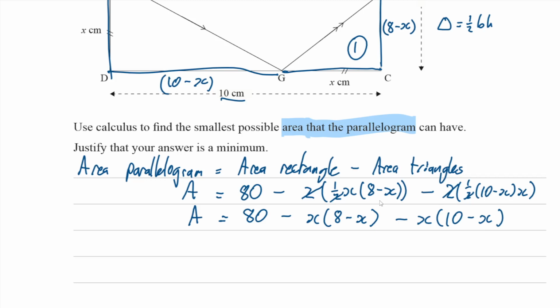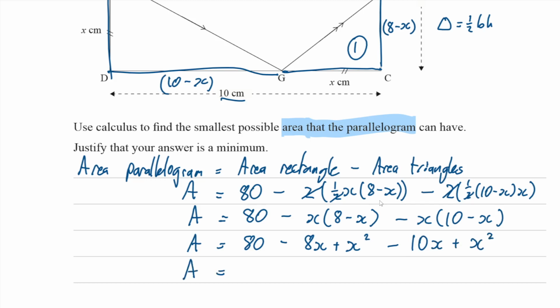So let's expand and then group like terms. We get 8x. Now we need to be careful here with all these negatives. So x times minus x is minus x squared, but we're subtracting it, so that will be plus x squared. Then we have minus 10x, and like before, plus x squared.